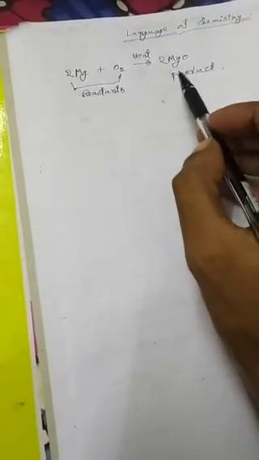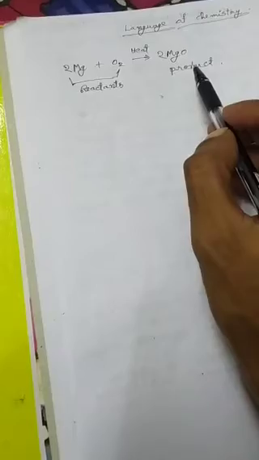That's why magnesium and oxygen are reactants, and magnesium oxide is the product. Elements or compounds that are formed as a result of a chemical reaction are called products. I hope it is clear what a reactant is and what a product is.